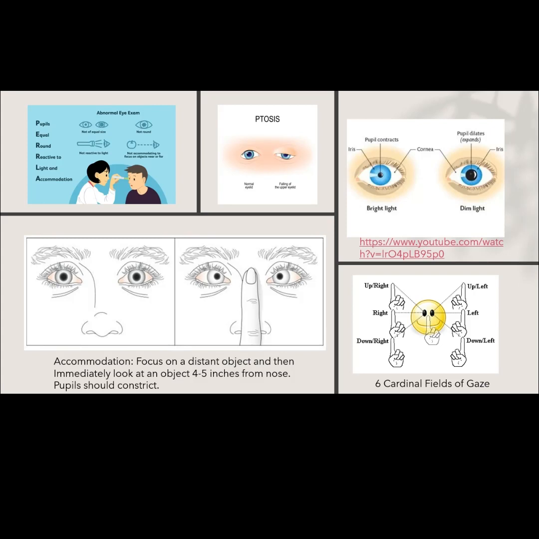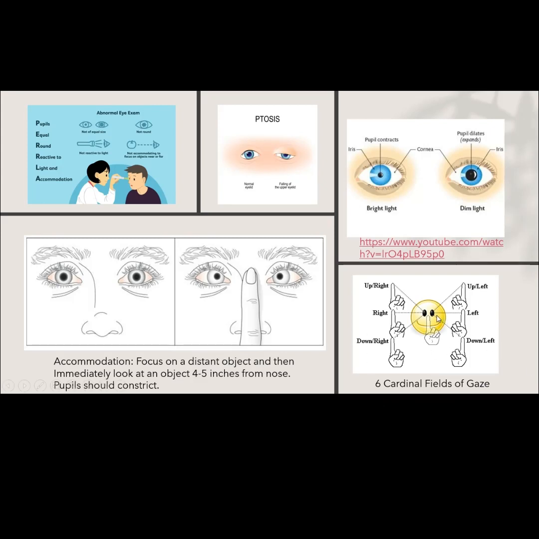Also, you are going to be assessing for extraocular eye movement, or EOM, is how that is abbreviated. We also refer to that as checking for the 6 cardinal fields of gaze, and you can see that down here in the bottom right hand of the screen.